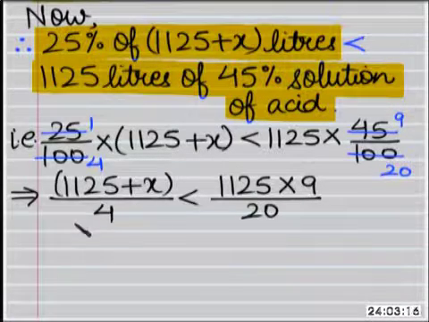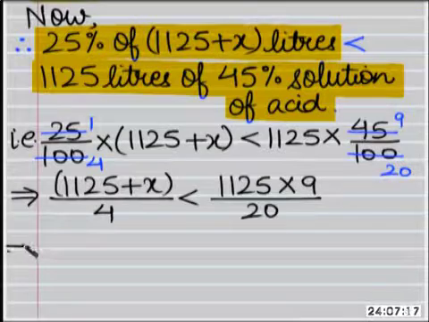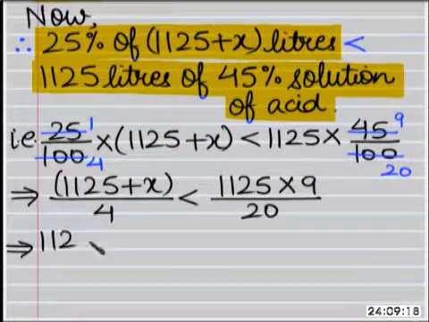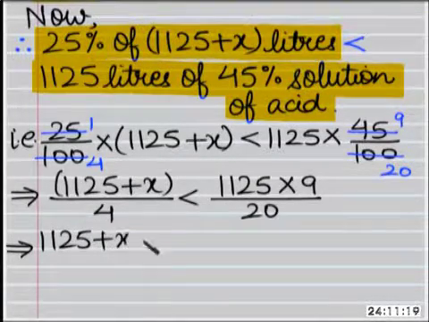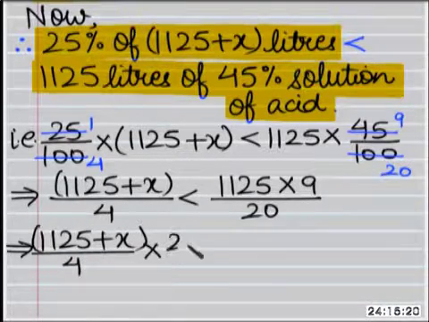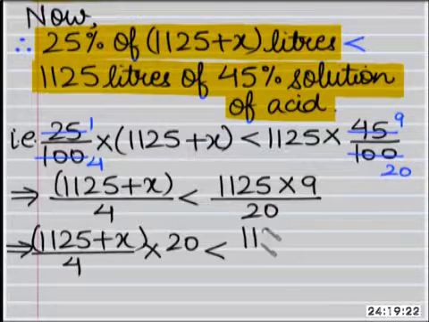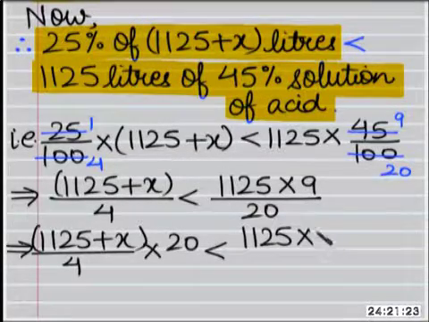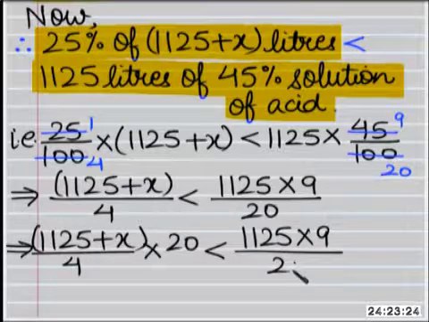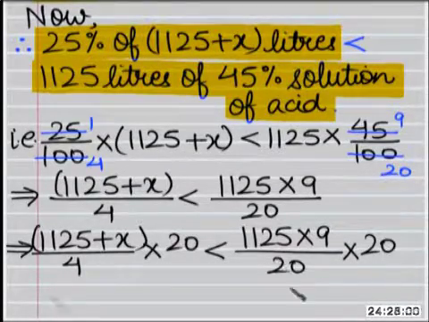Now, multiplying each side by 20, we get 1125 plus x whole divided by 4 whole multiplied by 20 is less than 1125 into 9 whole divided by 20 whole multiplied by 20.